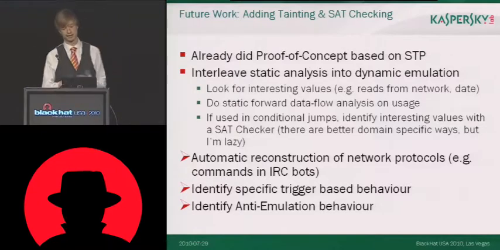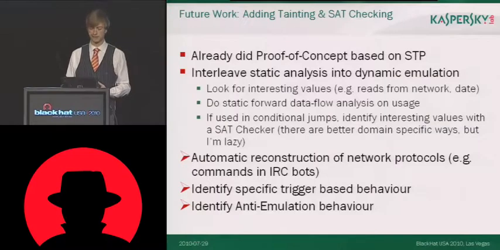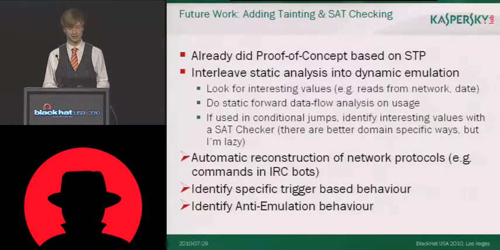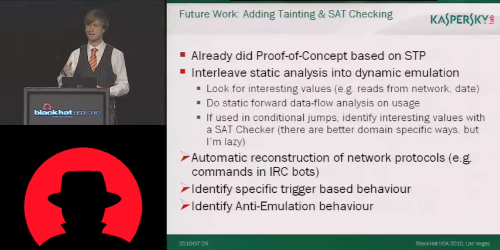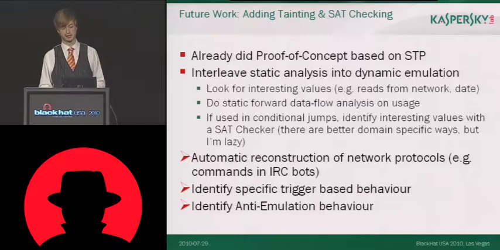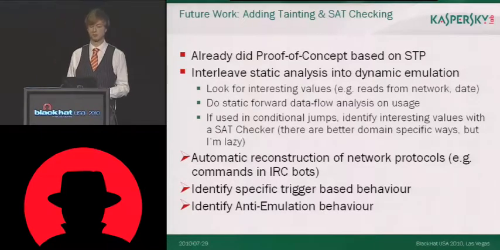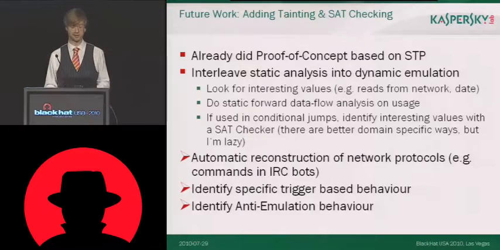Whereas if you would interleave this, as in this proof of concept, which is not really ready for presentation at all, into the dynamic analysis, you can do forward data flow analysis only for very, very specific registers, values, whatever. So you can cut out a lot of stuff you would have otherwise analyzed, which you don't really need at all. So that's something I will be working on too, while I'm also adding all these missing system calls, of course.